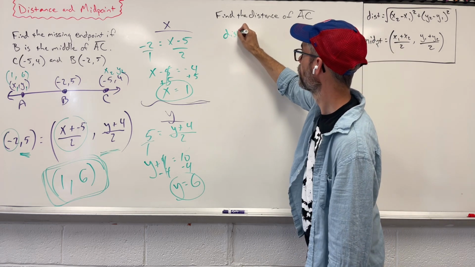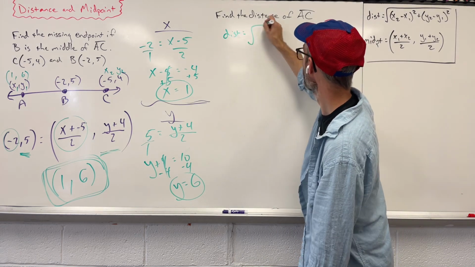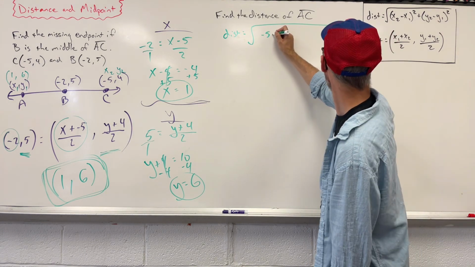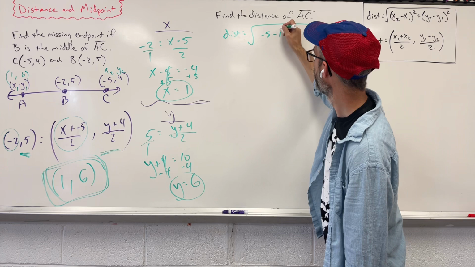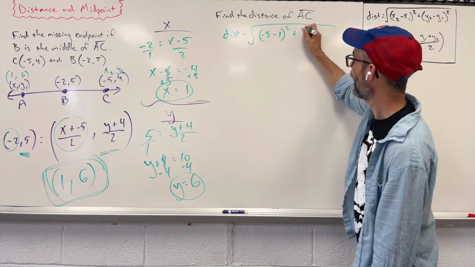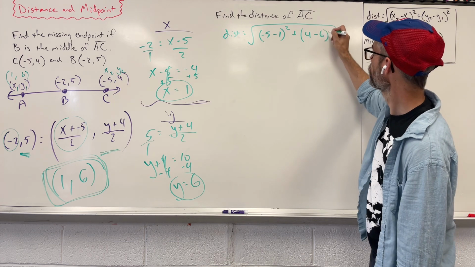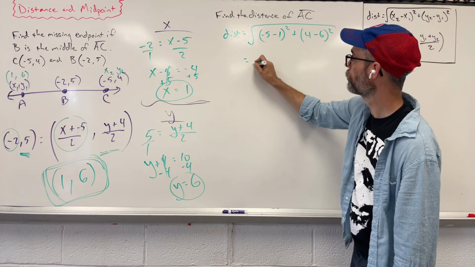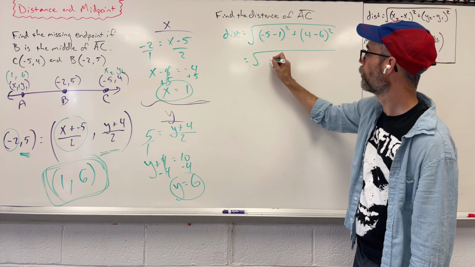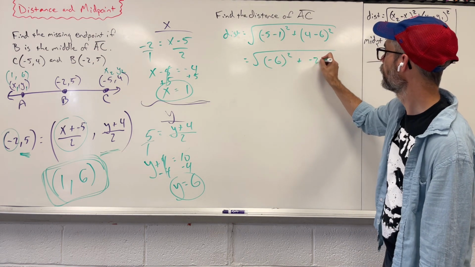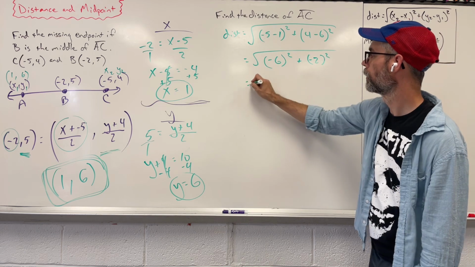So distance equals, we've got that big square root, x2, we're going to say -5 minus 1, square it, and 4 minus 6, square it. And now we're just doing our algebra to come all the way down. We get -6 squared and -2 squared.